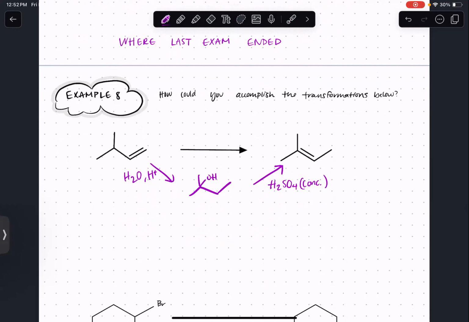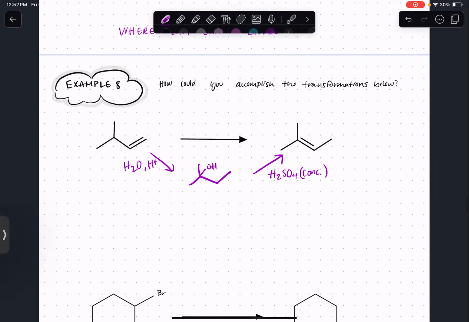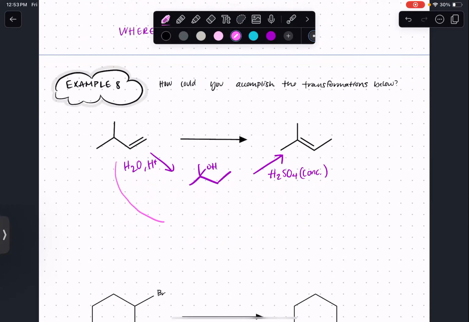And this is the reason that I did this: you could do it this way, but another way you could do it, I think, is if you add HBr or HCl, you can get here, and then from there, to get to my product, I could use some sort of strong base like potassium tert-butoxide.